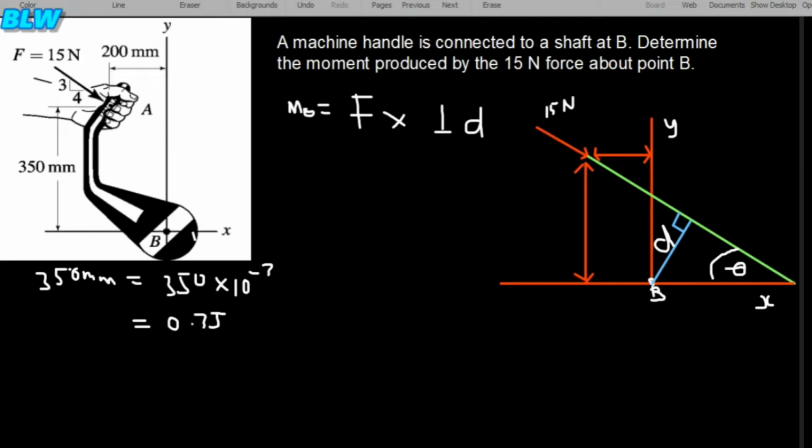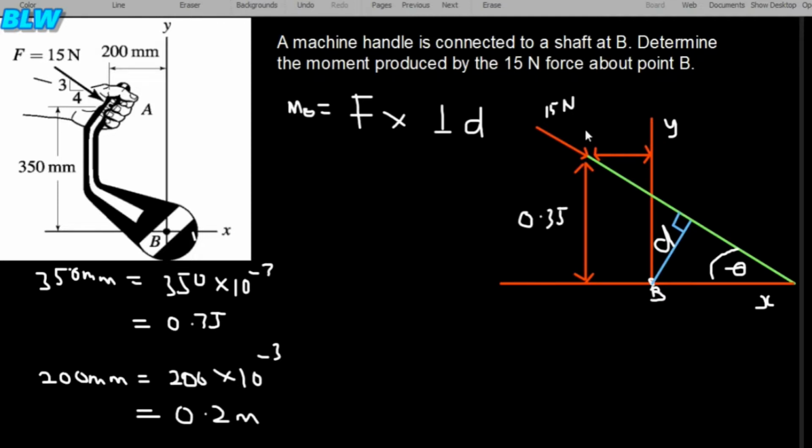Then 200 millimeters will also be 200 times 10 to the power minus 3, which gives me 0.2 meters. So I'll put 0.35 here, and 0.2 here. Here will also be 0.2.